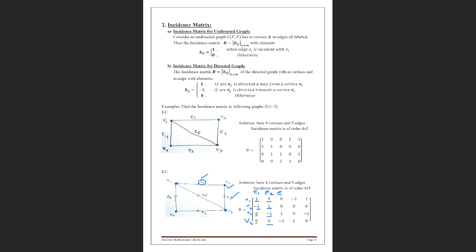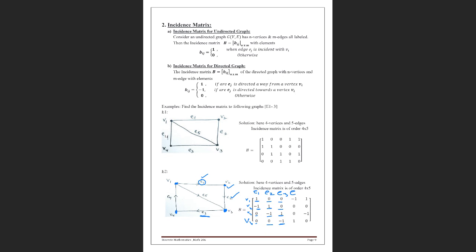Now see this E3. E3 is here. Okay, so coming in here at V4, so V4 -1 and out from here, going from V3, so V3 +1 and the rest is 0.